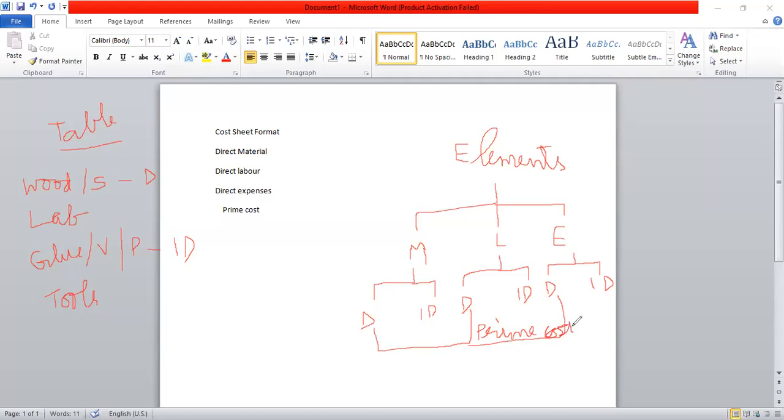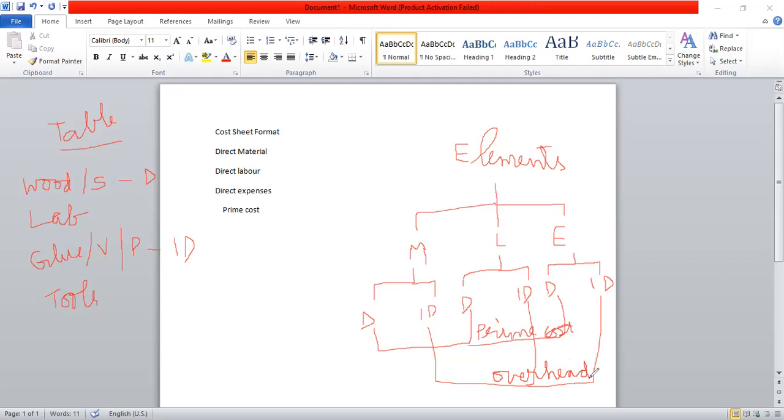After that, we have the category of all indirect costs, indirect material, indirect labor, and indirect expenses added together. We call this overheads, because there is no identifiability with the cost object.